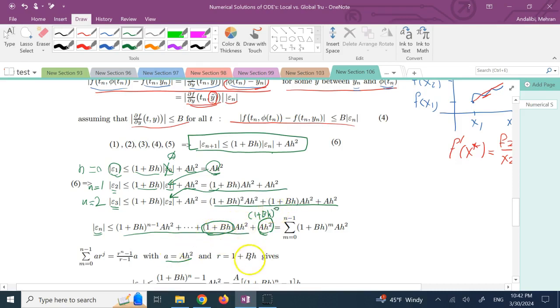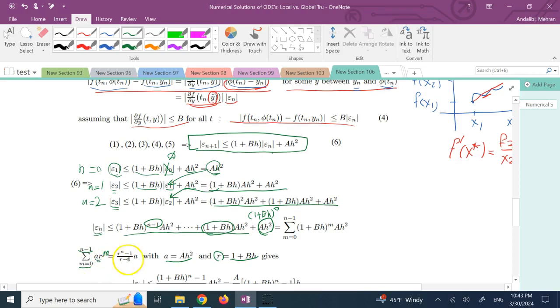Okay, so if we call that 1 plus bh your r, then this can be written as the summation of m goes from 0 to n minus 1 of a times r to the j. Now there is clearly a typo here as far as I can say, because if this is m, then this should be m too. So this is m, not j.